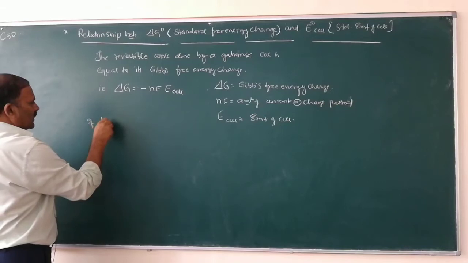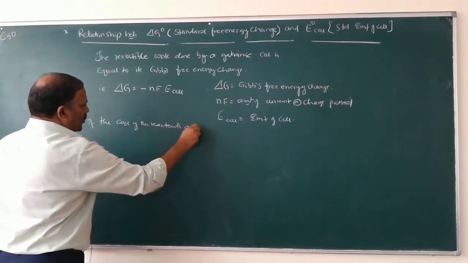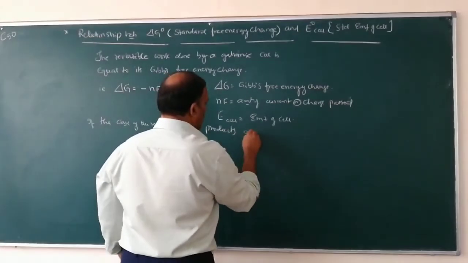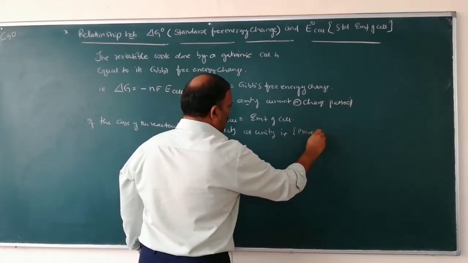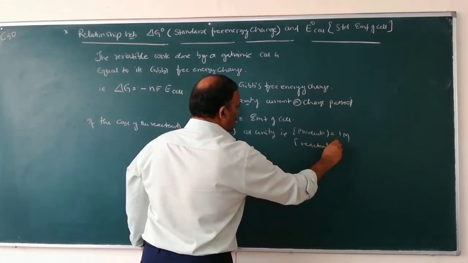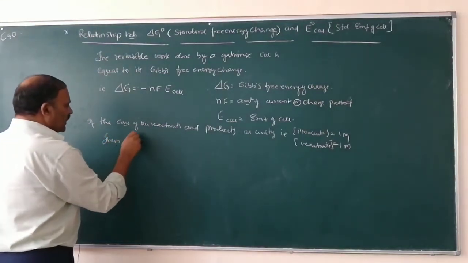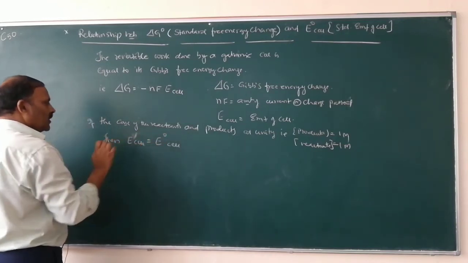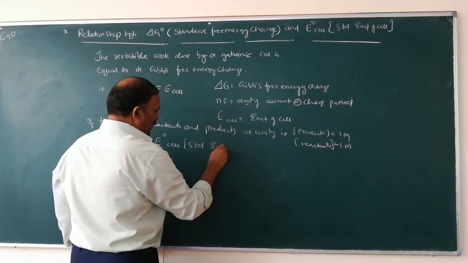If the concentration of reactants and products is unity, that is, the concentration of reactants and products is equal to 1 mole, then E cell is equal to E naught cell, that is, EMF of cell is equal to E naught cell, which is called the standard EMF of cell.